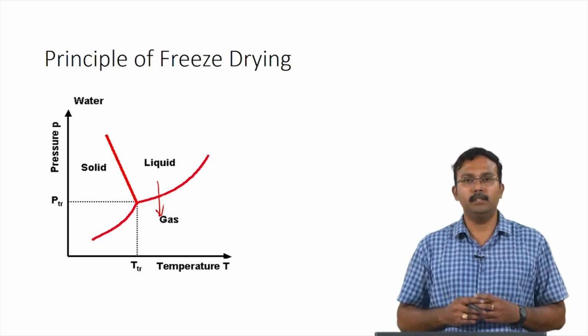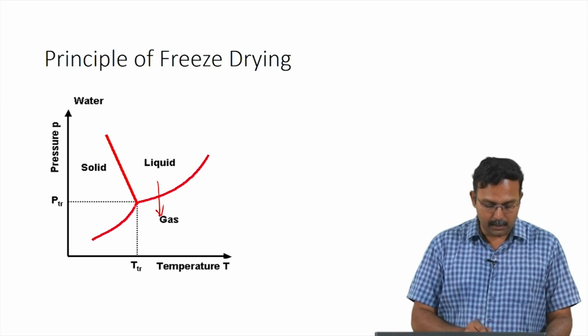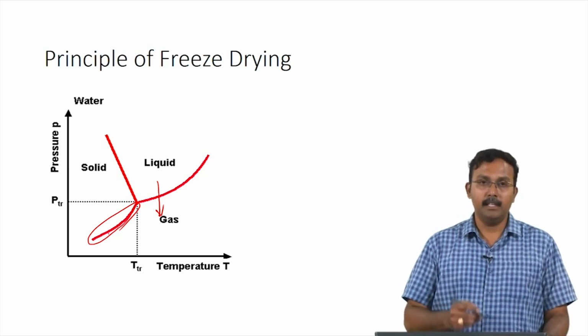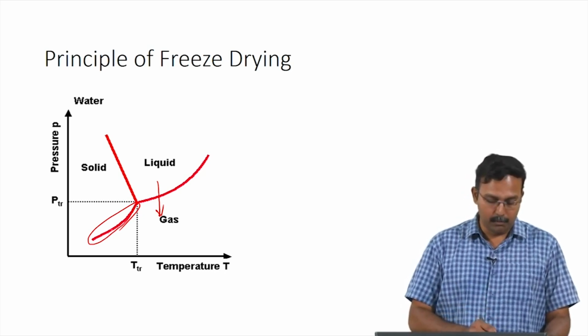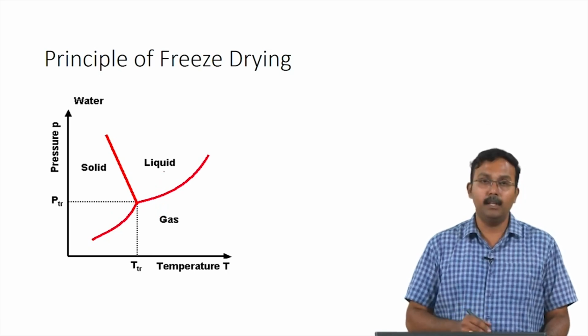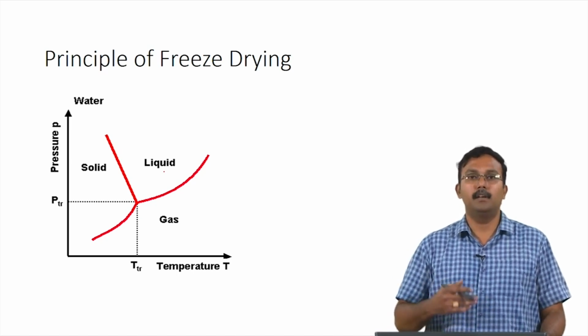This is done because at very low pressures in this region, where you see the gas-solid equilibrium curve here, if you have the conditions where solid can move to gas under these pressures, then you would end up with sublimation instead of evaporation.